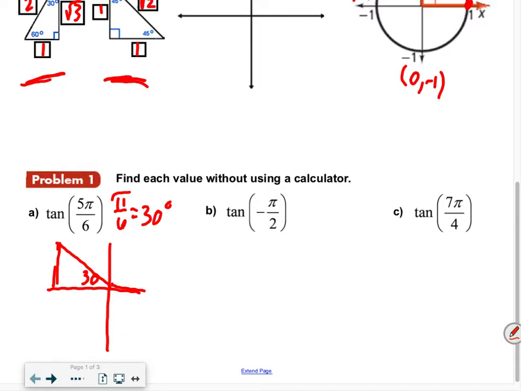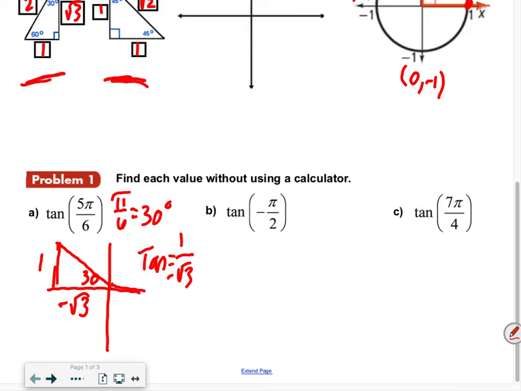Across from my 30 is 1. Across from my 60 is square root of 3. That's still negative. We still care about our coordinates, positive, negative. So if I'm looking at the tangent of my angle, remember that y over x, my y coordinate is 1, my x coordinate is negative square root of 3.